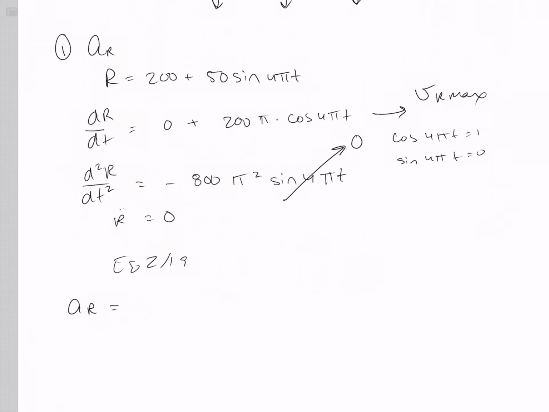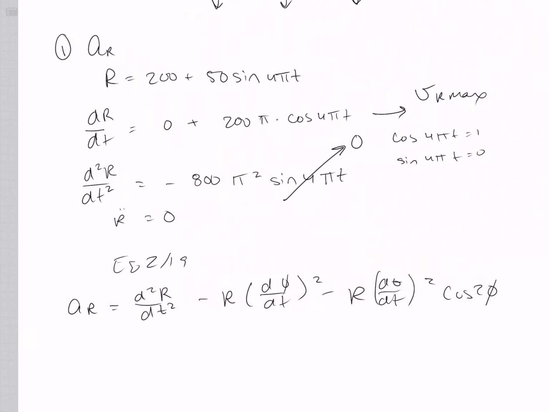So, let us pull from equation 219, which is a_r equals r double dot minus r times d phi dt squared minus r times d theta dt squared times cosine squared of phi. And since we know some values are 0, it's going to make it a lot simpler. We know that this is 0, and from the information that phi dot is constant, or that phi is constant, we know that d phi dt is 0.